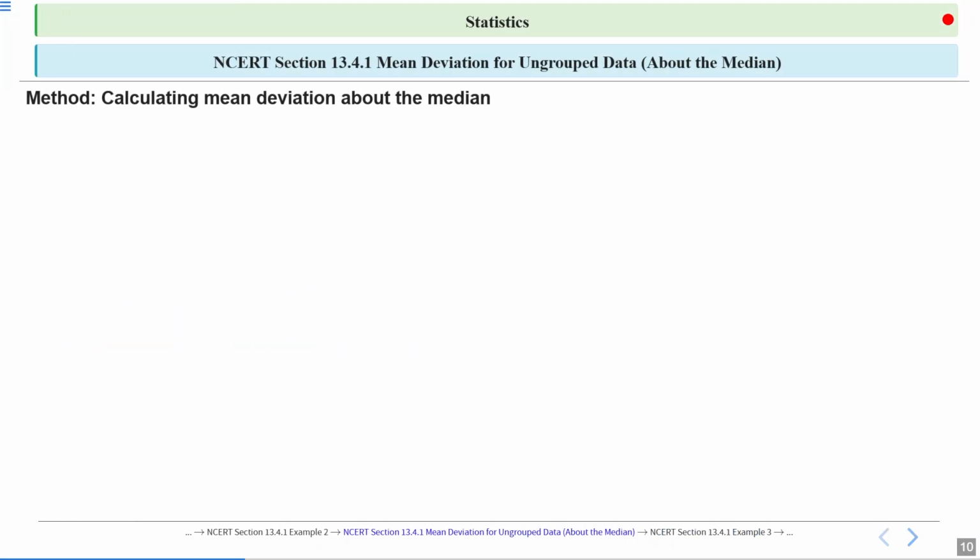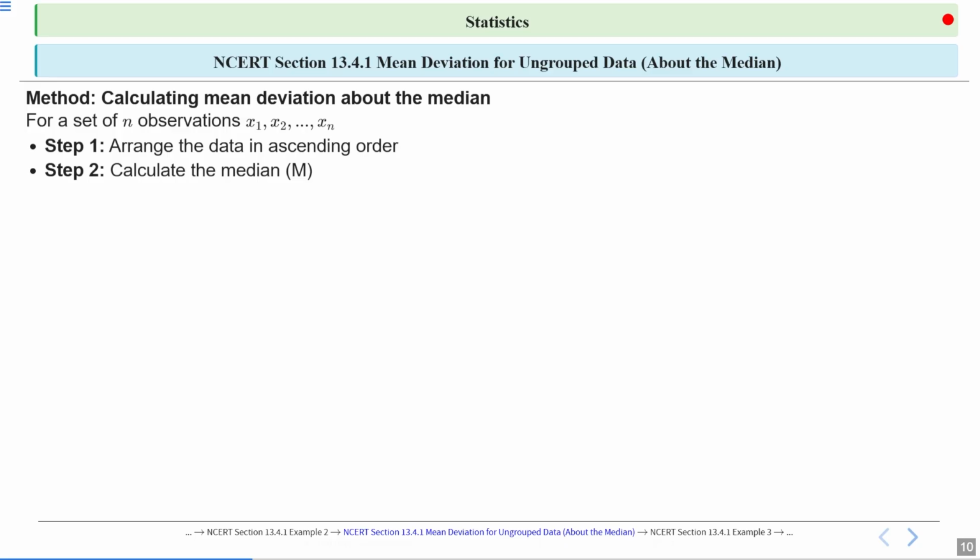Now we are going to learn how to calculate the mean deviation about the median. This is a method used to measure how much the values in a data set differ from the median value. For a set of n observations, we will call them x1, x2 up to xn. The first step is to arrange all the data values in ascending order, from the smallest to the largest.